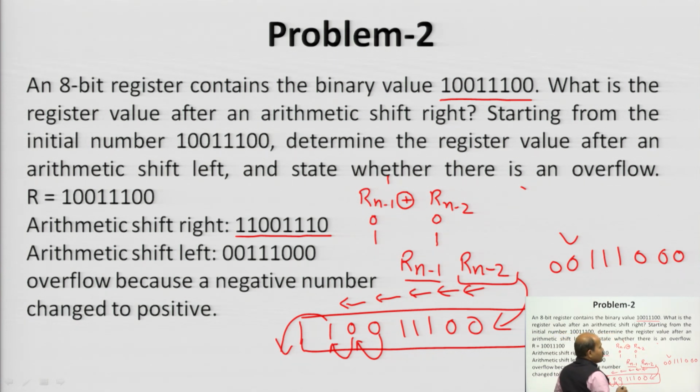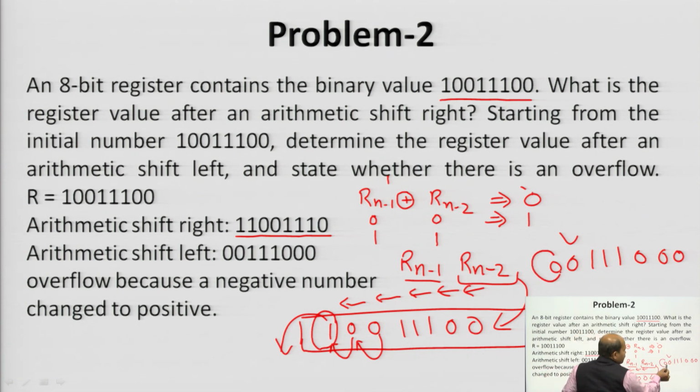In case of XOR operation, if the result of both the bit XOR value is equal to 0, then we say there is no overflow, and if the XOR of both the bits is equal to 1, there will be an overflow.